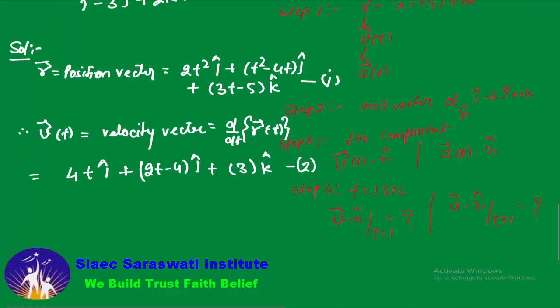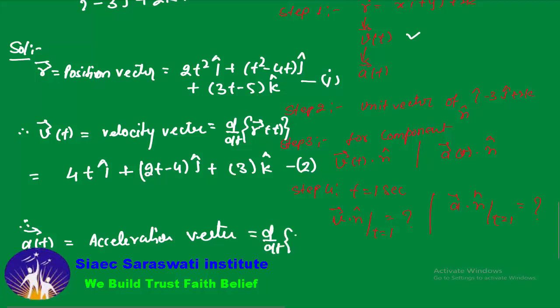Okay, same as we have to find out the acceleration. So velocity we find out, and then after the acceleration, so therefore the acceleration will be a of t. So acceleration vector means d upon dt of the velocity vector, means equation number 2.